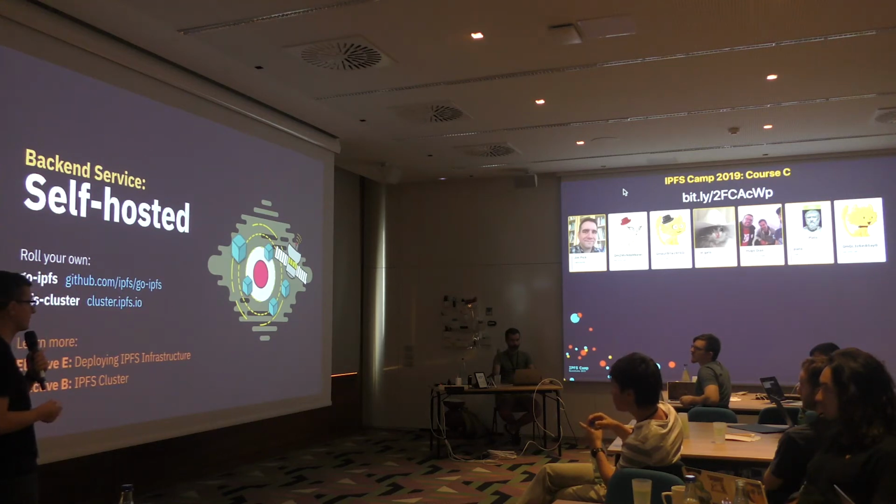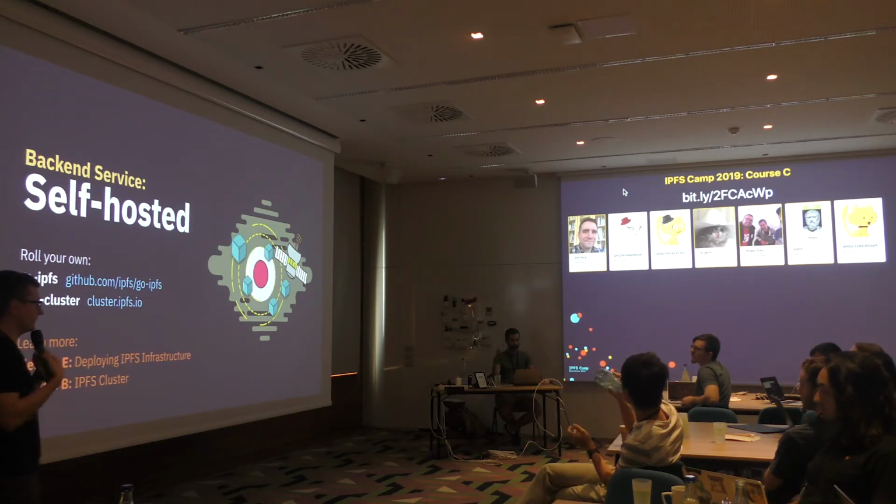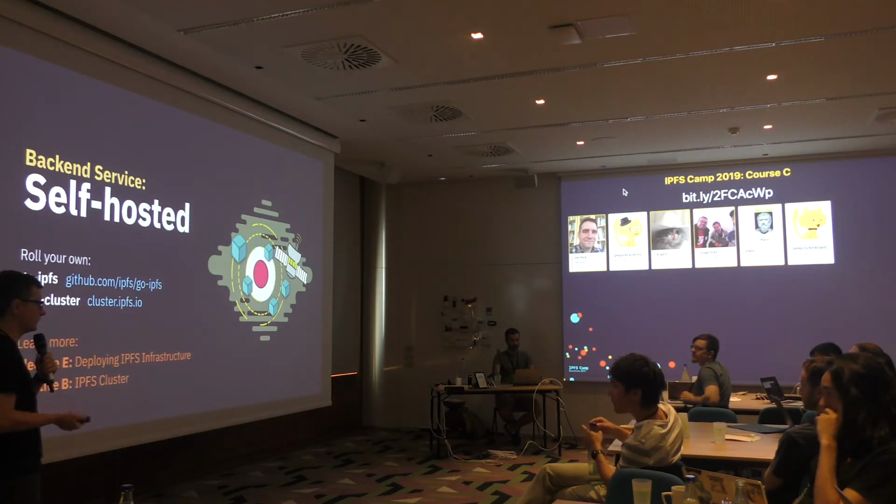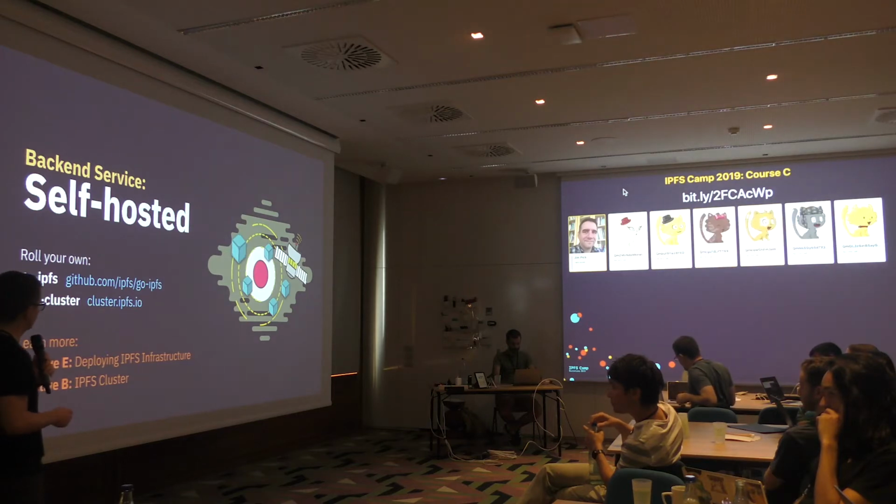There is also a Docker image. If you have bigger needs, such as your data set does not fit on a single node, or you want more advanced features for managing pin sets, you want to ensure there are multiple copies across multiple nodes, then you want to deploy IPFS Cluster on top of go-ipfs nodes. That will give you more advanced features.